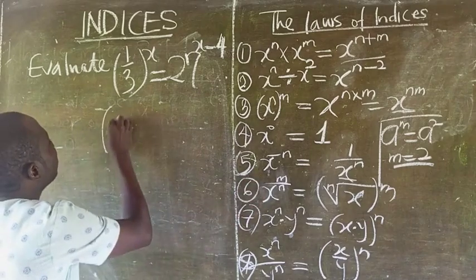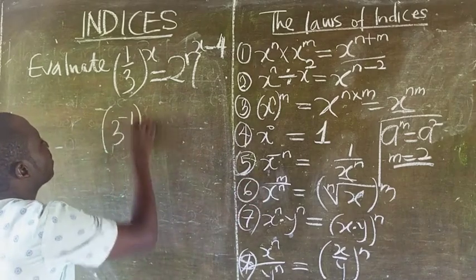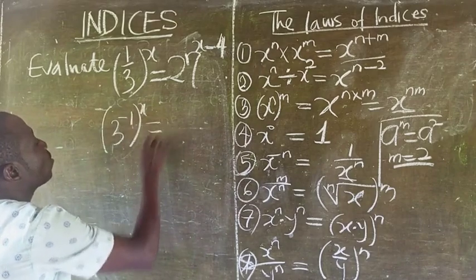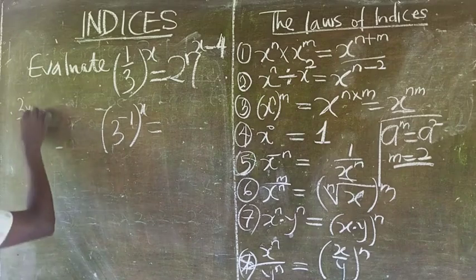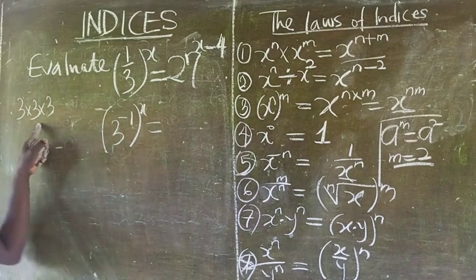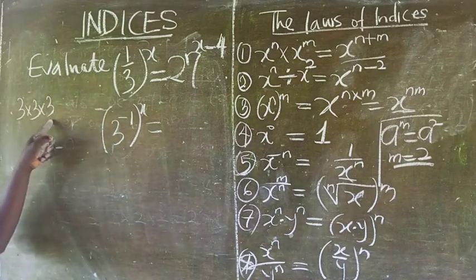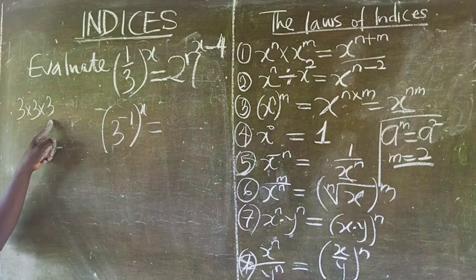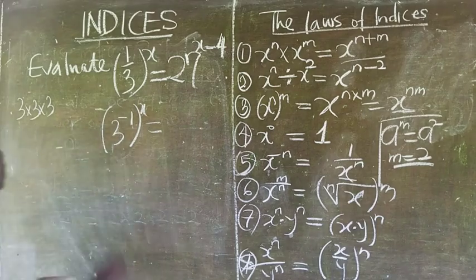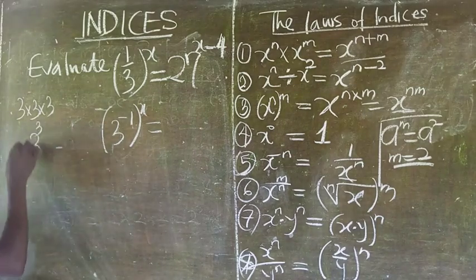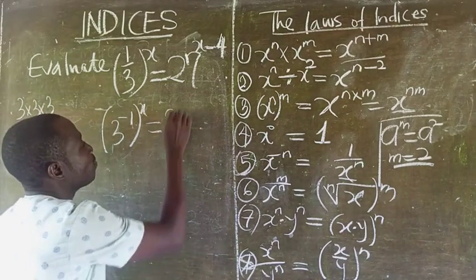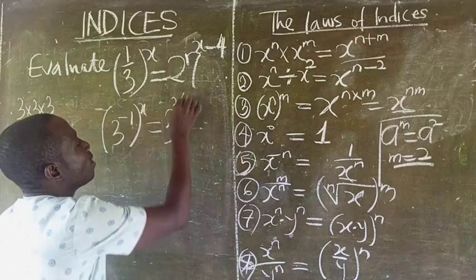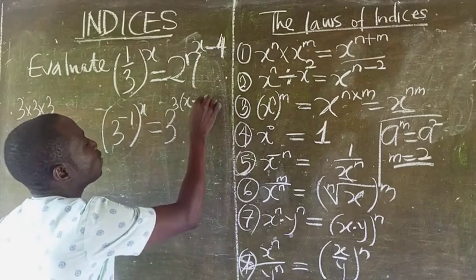It becomes 3 raised to power minus 1, raised to power x, equals to, and 27, if we have 3 times 3 times 3, 3 times 3 is 9, and 9 times 3 is 27. So if you want to write the 27 in an index form, it becomes 3 raised to power 3, a base and a power. So 3 is the base and 3 is the power, and it's multiplying x minus 4.